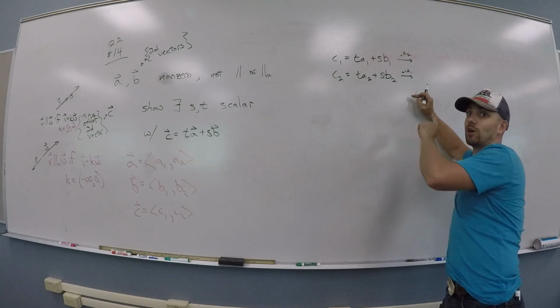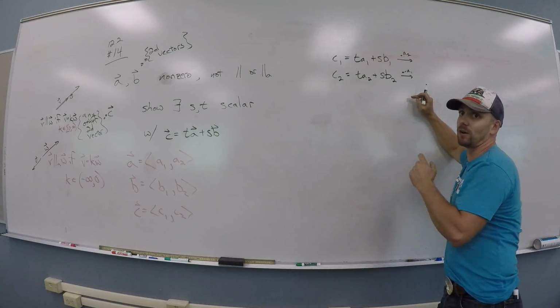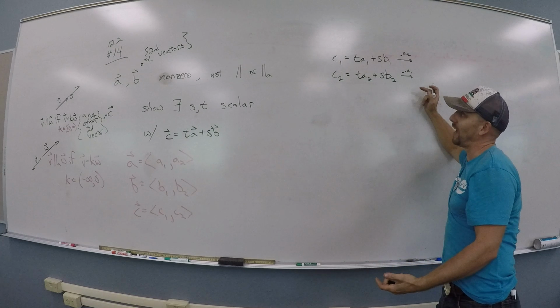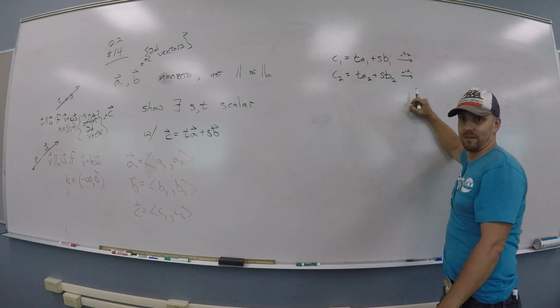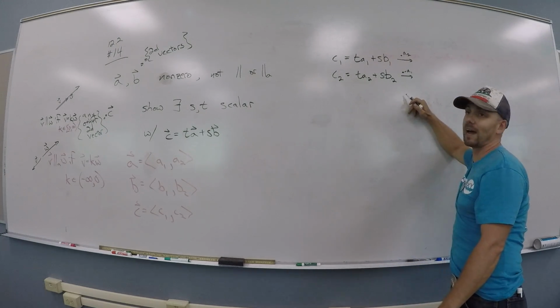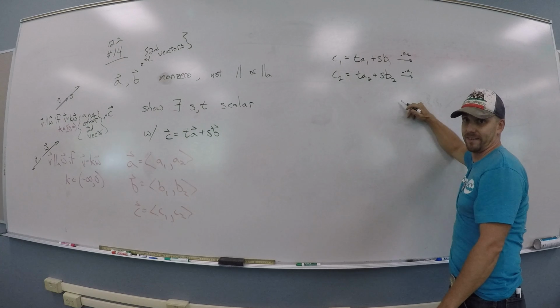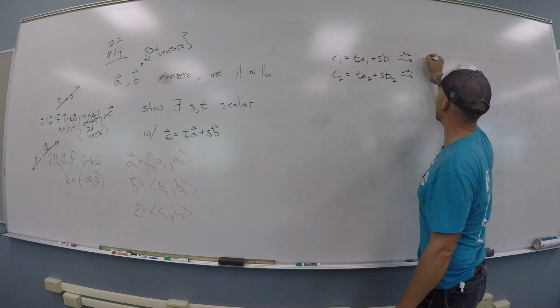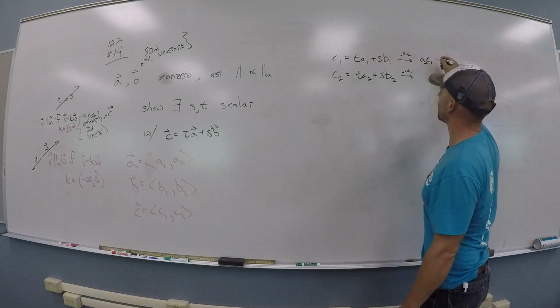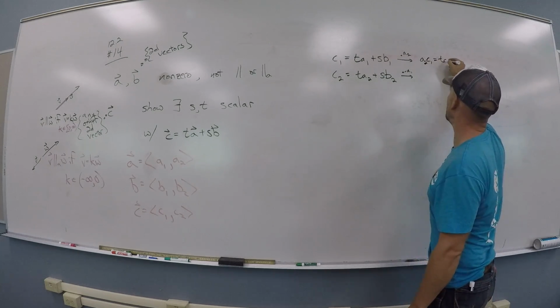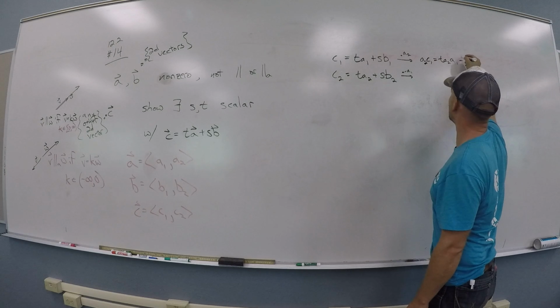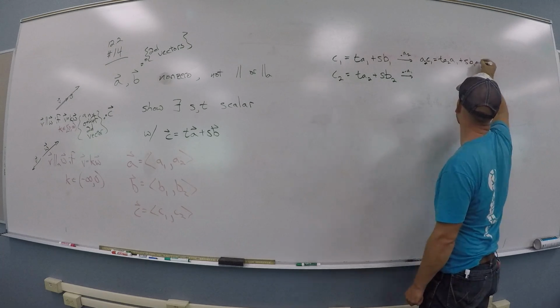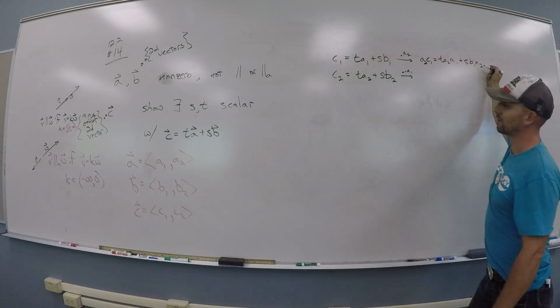So the first thing I'm going to do is try to find one of them. I picked S. So if I want to find S, I need to get rid of the T's. If I multiply through by these, I'm going to get A2C1 is T A2A1 plus S B1A2, right?